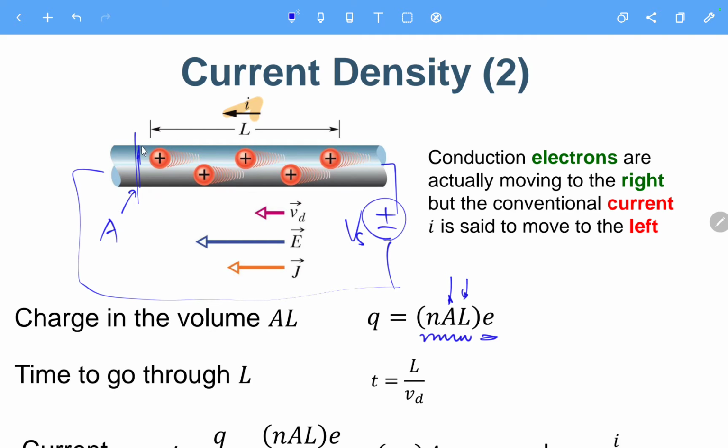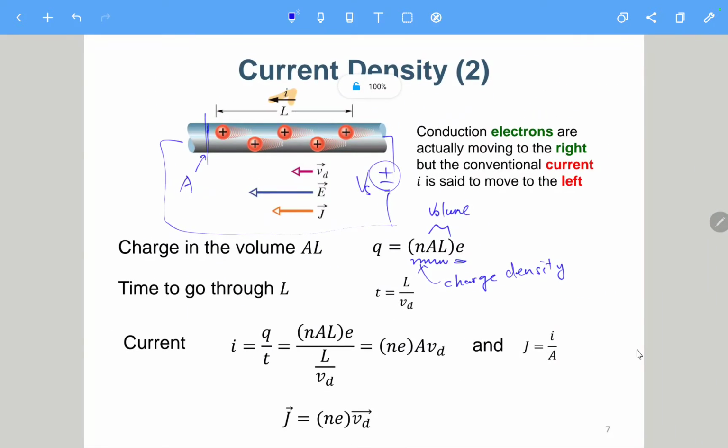And then this n is called the charge density, and of course, this is a volume density. So this is the volume density times the volume. So it is how many charges are in this volume, and then multiply by the elementary charge. So this is the charge amount in this part.